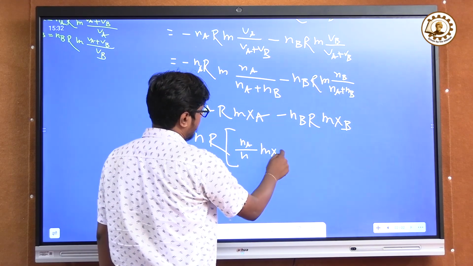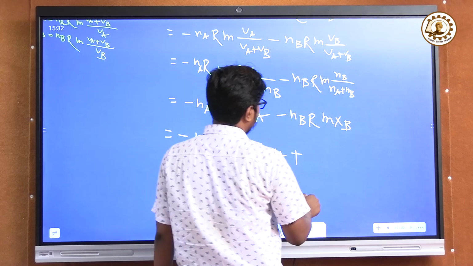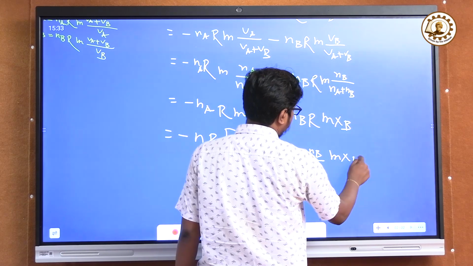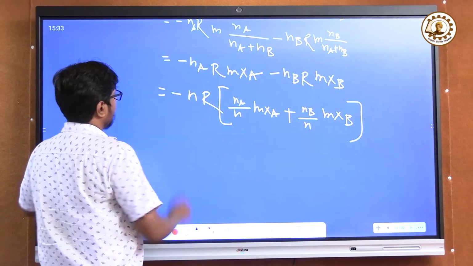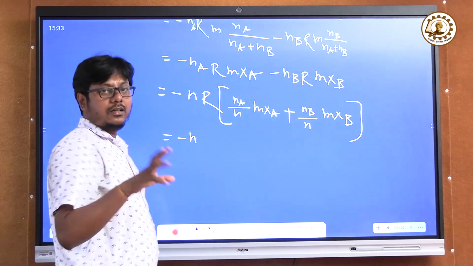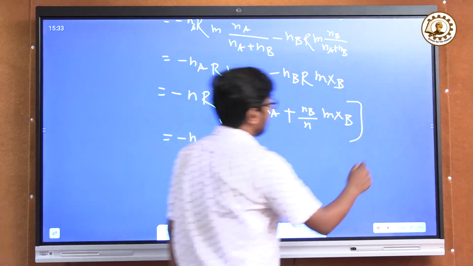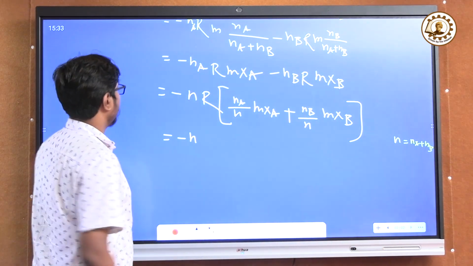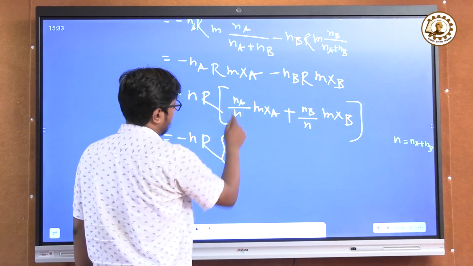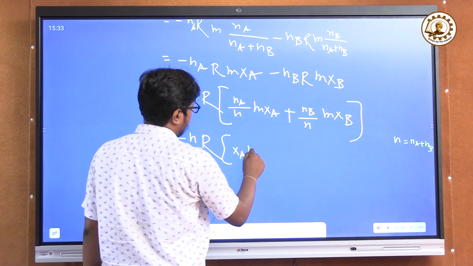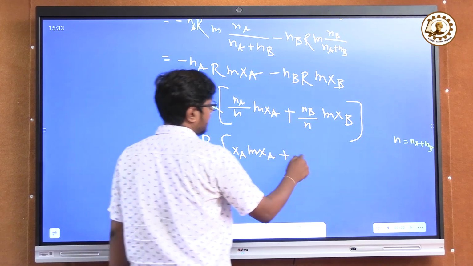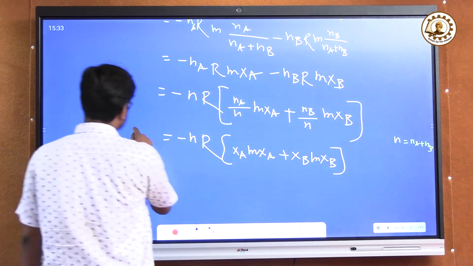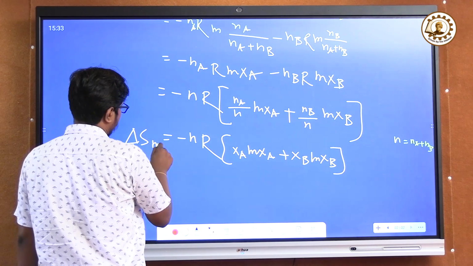So minus will be common out, nB is also divided by n, so ln Xb. So this is minus nR, where n is the total number of moles, n equals nA plus nB, times (Xa ln Xa plus Xb ln Xb). This is delta S mixing.